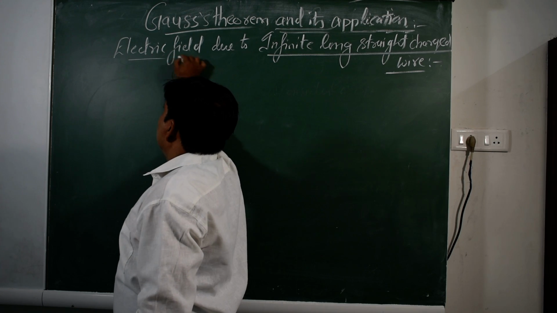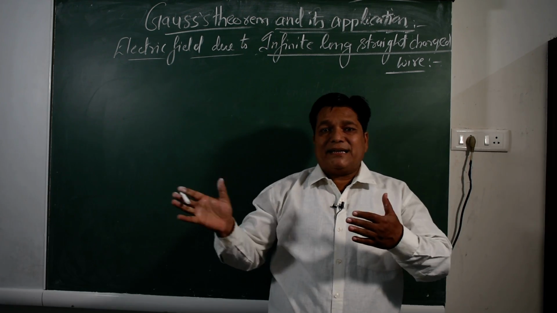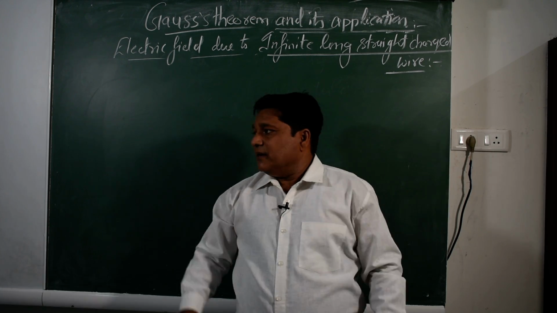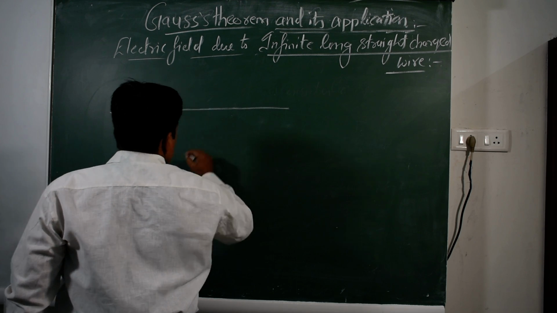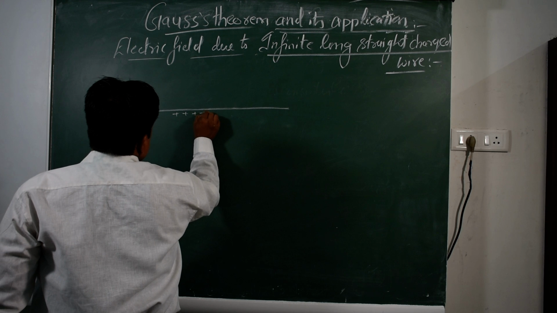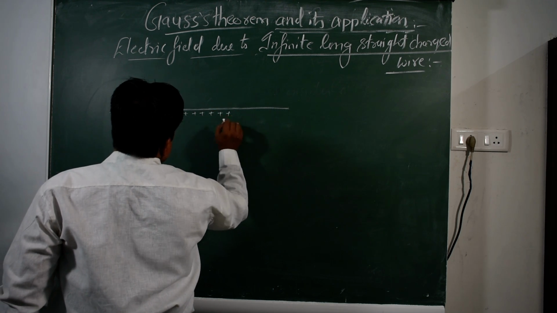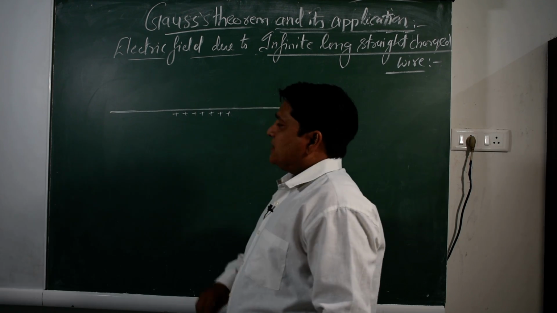We have to determine the electric field due to this infinite long straight charged wire. So we consider here, let us suppose, this is the infinite long charged wire where the charge distribution is there, plus plus plus. These are the distribution of charge. A linear charge distribution may be there, and its length will be infinite.